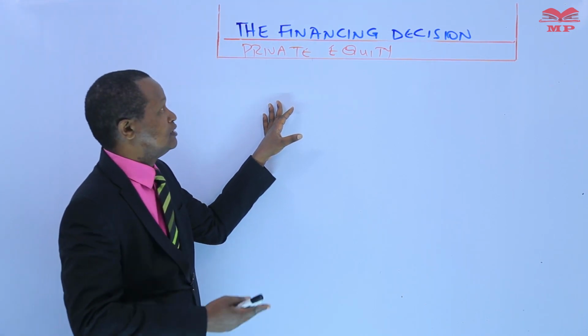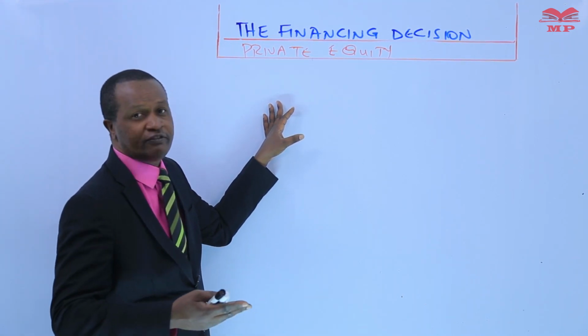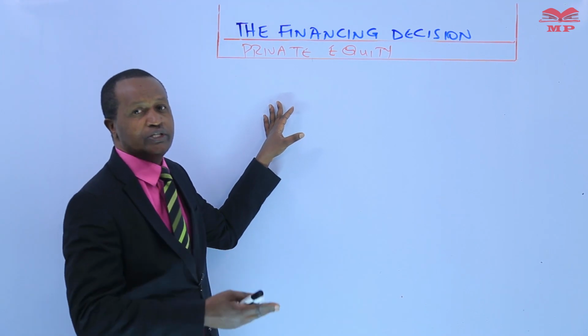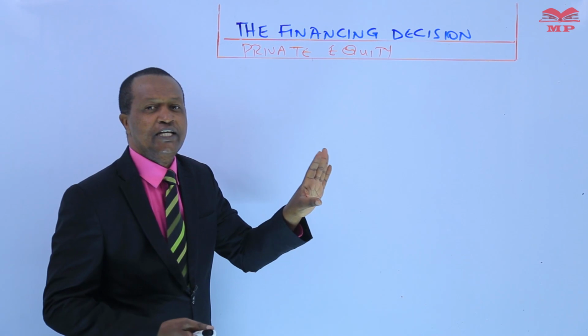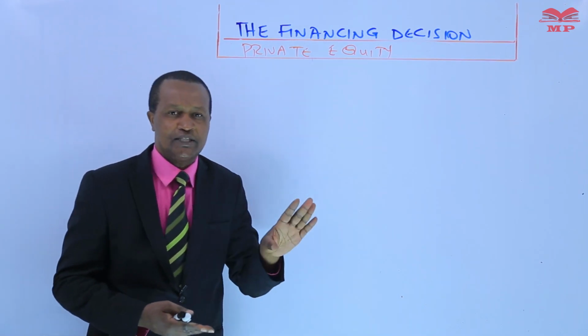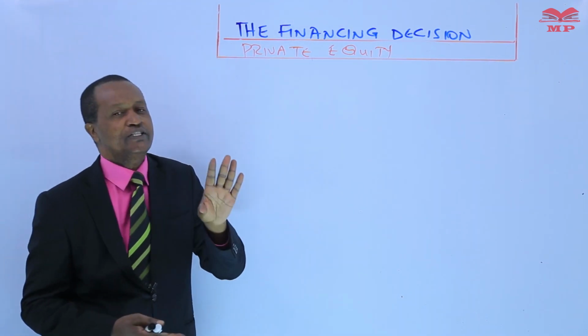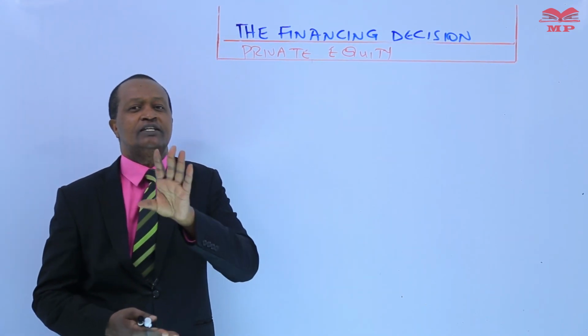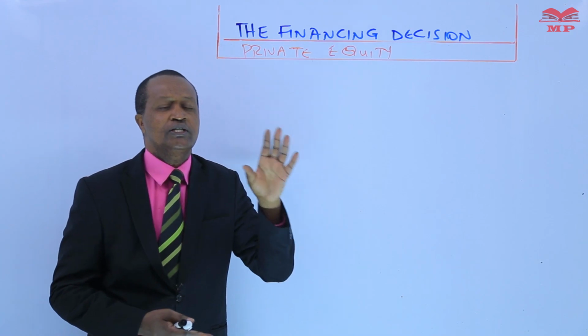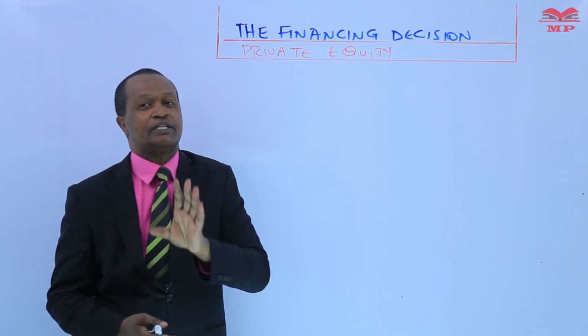So when private equity firms or institutional investors put their money in a private company, such investors may actively participate in the management and the strategic decisions of that specific company.